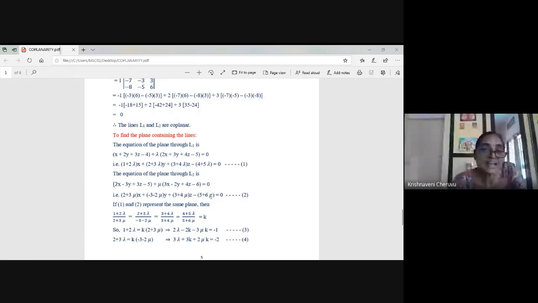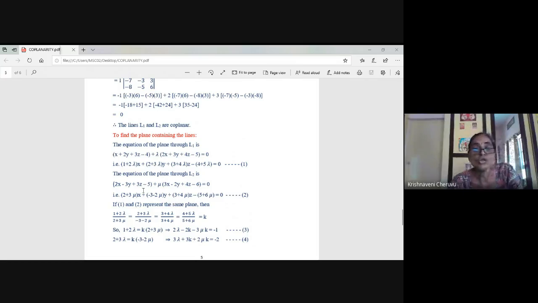This is the plane containing L2. You're going to find out a plane containing both the lines. So these two must be the same. This plane must be the same, and on that plane these two lines must be there. Okay, this is the plane containing L1. This is the plane containing L2. Now these two planes must be identical to contain both L1 and L2.